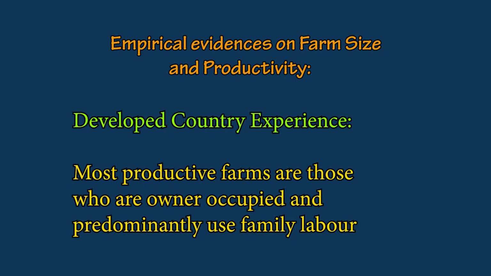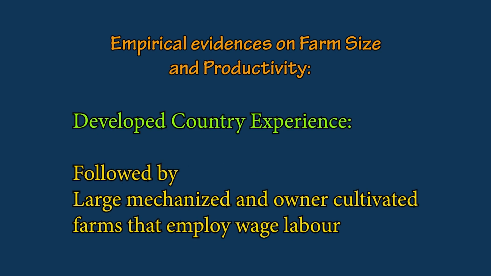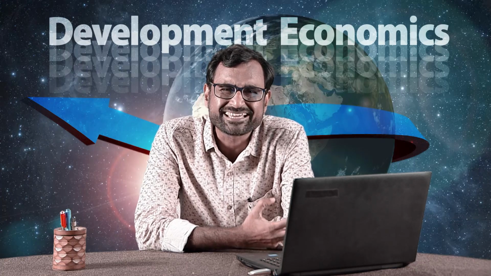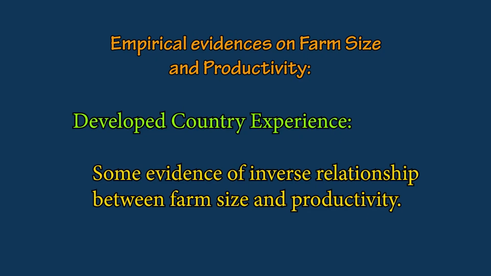Now, in the case of developed countries, we find that the most productive farms are those which are owner occupied and predominantly use family labor. This is followed by the large mechanized and owner cultivated farms which employ wage labor. So, from this comparison, what we can say is that there is some evidence of an inverse relationship between farm size and productivity in the developed economies.